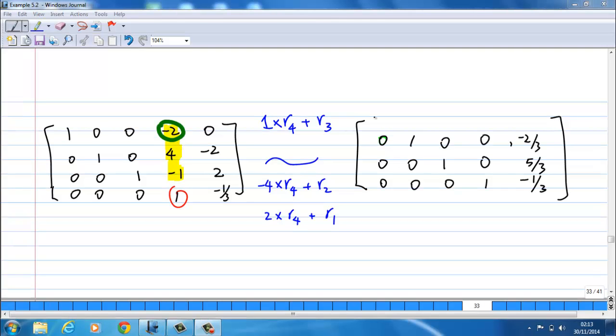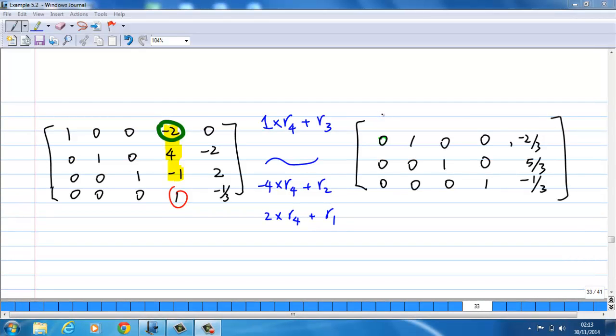We move on to create 0 in the first row, fourth column. You can do this by using fourth row times 2 added to the first row. And then the new first row becomes 1, 0, 0, 0, minus 2/3.